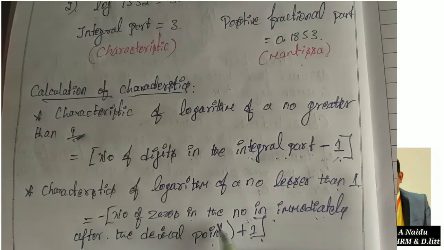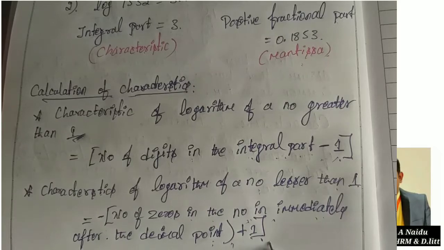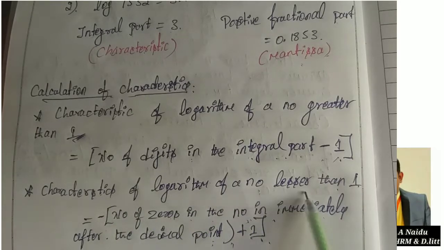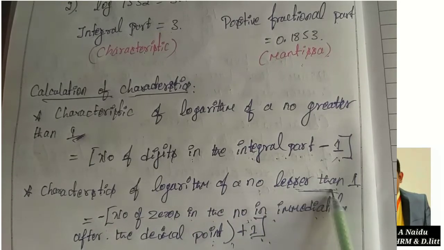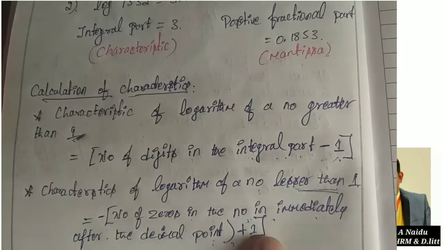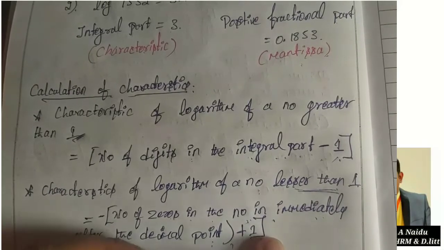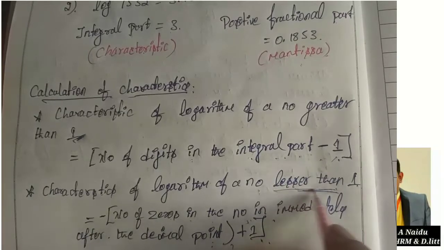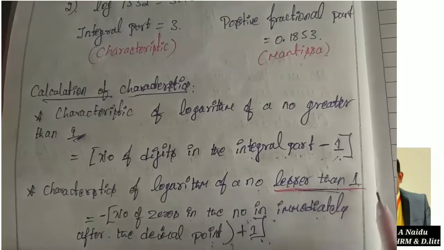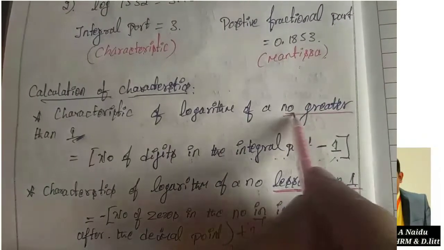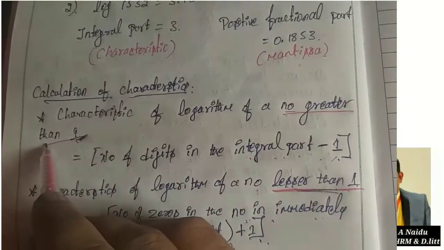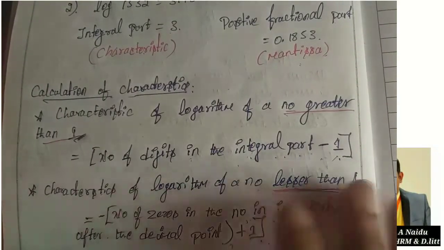Minus that number of zeros, plus 1. This is the formula if the number is lesser than 1. If it is lesser than 1, you apply this formula; if it is greater than 1, you apply the other formula.